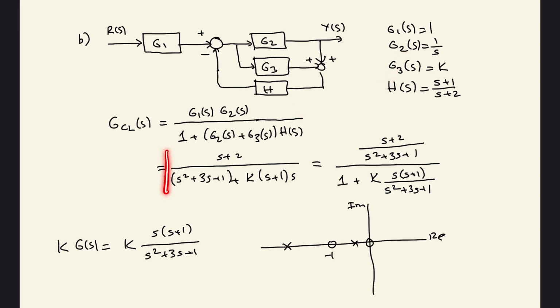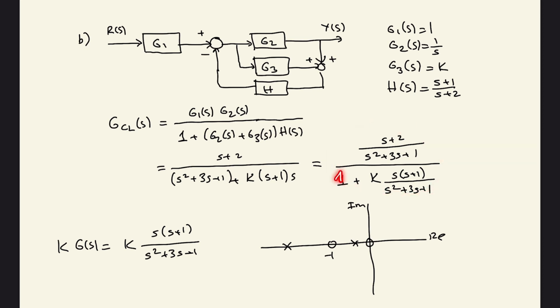Simplify, you end up having this closed loop system. Again, the denominator matters. We would like to group the terms that don't depend on K and those that do depend on K, divide numerator and denominator by this term that doesn't depend on K, like this, and you arrive at this form.